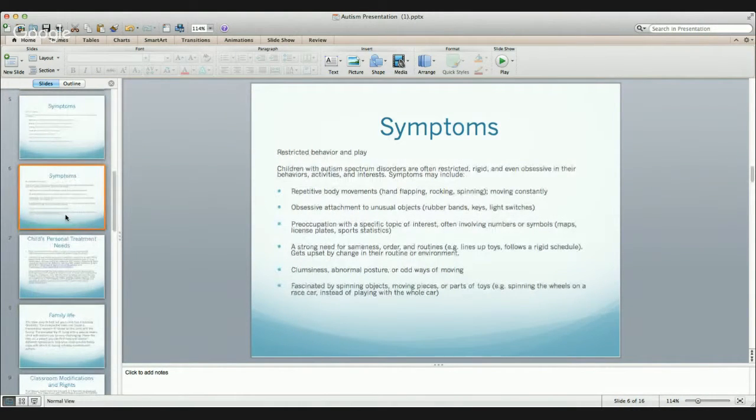Restrictive behavior and play. Children with autism spectrum disorder are often restricted, rigid, and even obsessed in their behaviors, activities, and interests.